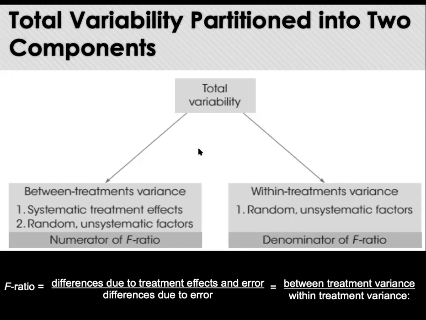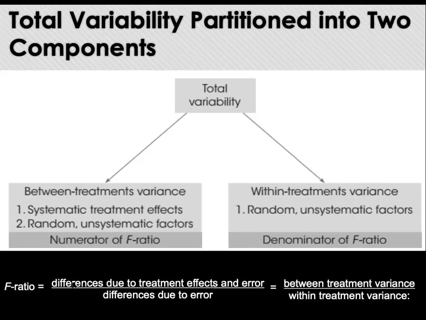And that variability is going to be comprised of between treatment variance and within treatment variance. And essentially, if you added them together, that would give you your total variability. So between treatment variance includes systematic treatment effects and random unsystematic factors. That's going to go in the numerator.